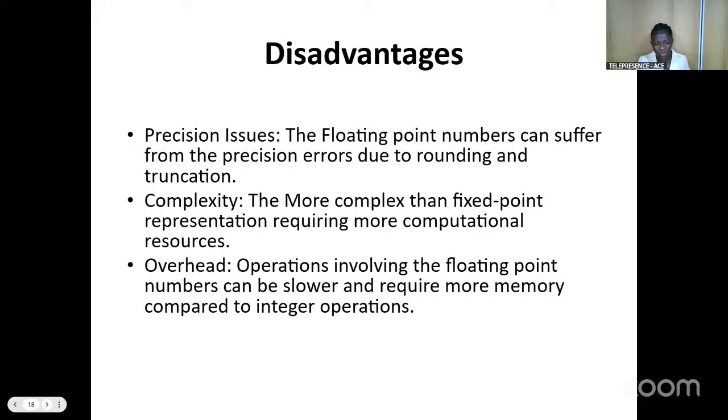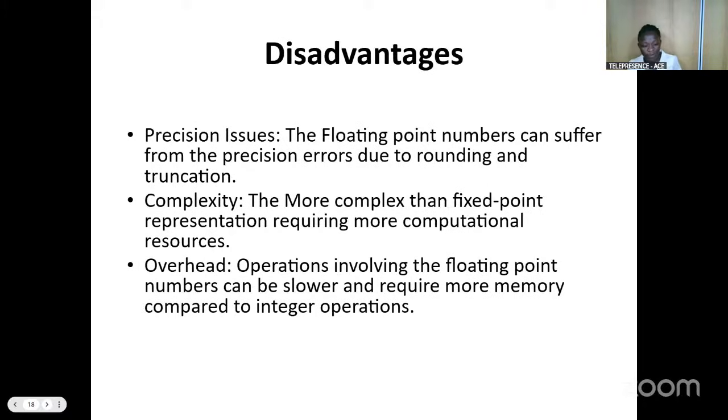And for truncation, you do away with other digits. Say you have a whole lot of digits and you say, okay, to 3 significant digits, counting after the decimal point, and I don't want anything to do with the other digits. So truncation and rounding off is a big issue.